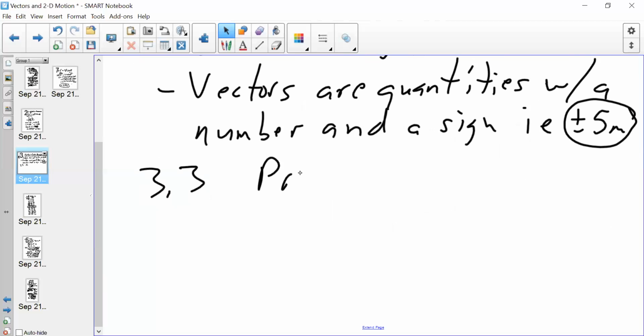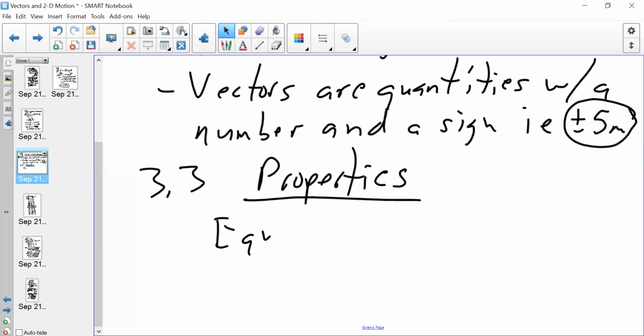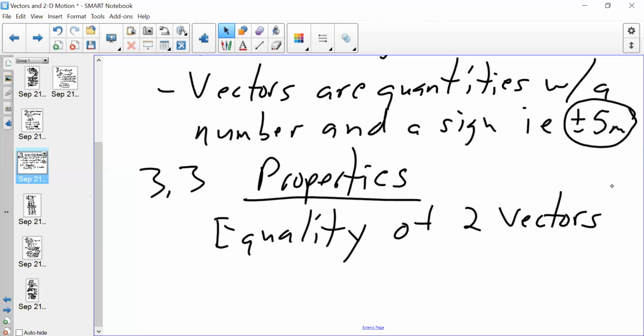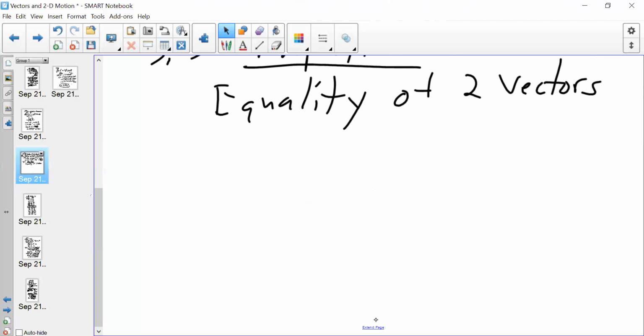3.3, vector properties. So now what we really have to understand is the difference between parallel vectors, anti-parallel, adding and subtracting vectors. So we'll be dealing with that. Let's say we have two vectors and we want to see if they're equal or not. Well, let's say vector A equal to vector B. The arrow denotes direction.